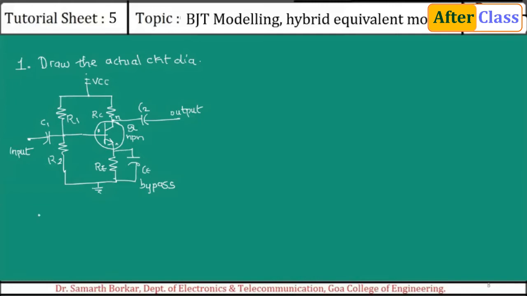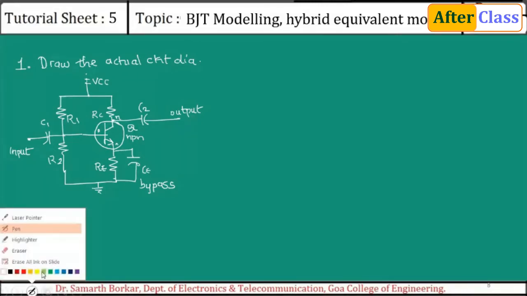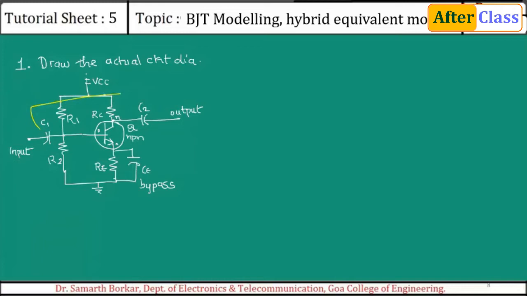So these two are referred to as coupling capacitors. This is the emitter, and those who don't know, this is the base, and this is the collector terminal. The voltage at this terminal will be VC.